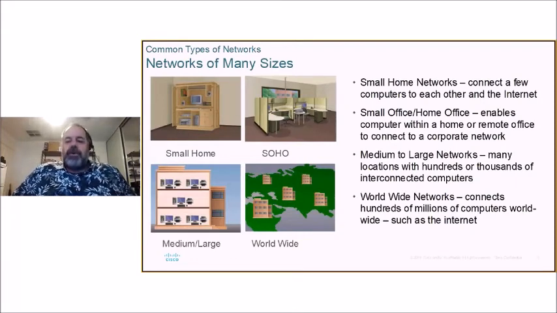A small office, home office is just one step up from your normal home network. You might have an office set up with multiple machines and specific tasks that you do. From there, you've got branch offices and main offices, and they can span cities, countries, or the planet, depending on the size of the company.